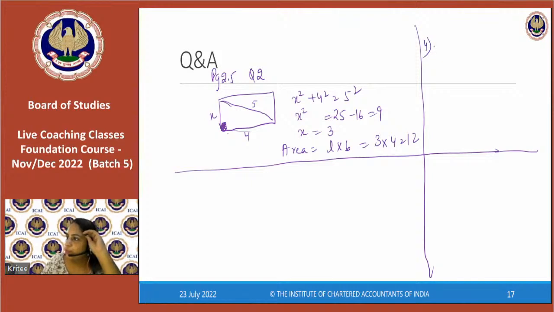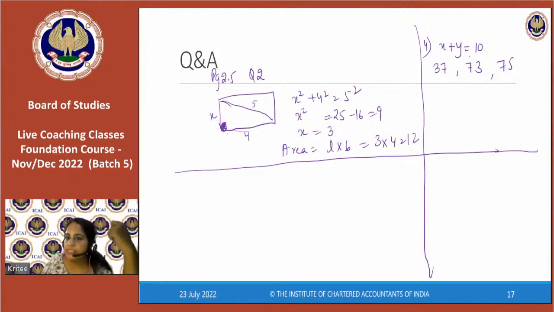Question number 4. The sum of the digits of the two-digit number is 10. If 18 is subtracted from it, the resulting number will have equal digits. We have already done this in the class. Please, I have told you, you try this from the options given to you.